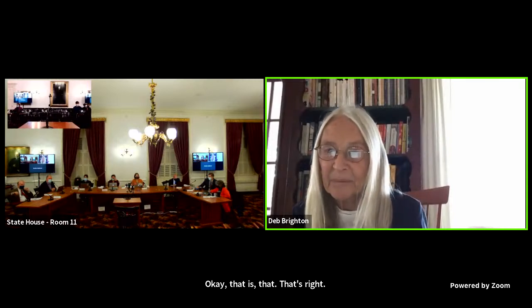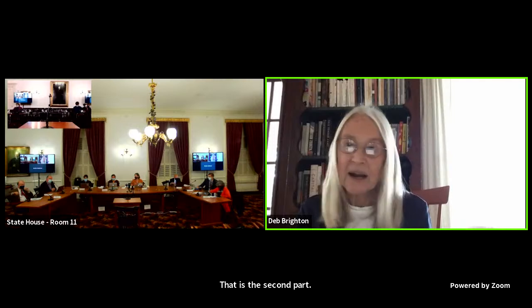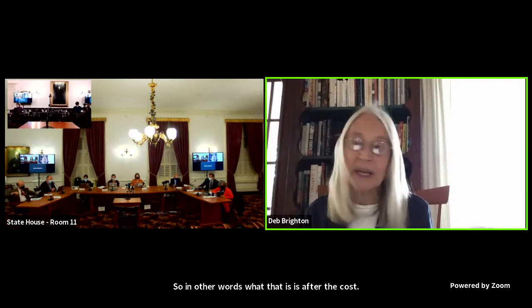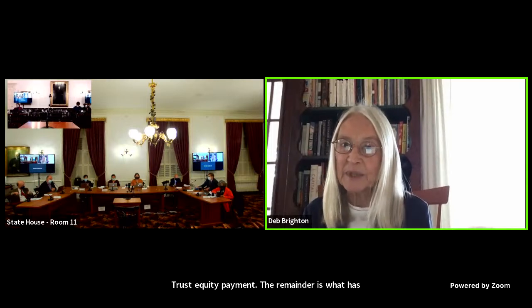That is the second part. So in other words, what that is after the cost equity payment, the remainder is what has to be raised by using the homestead tax rate.